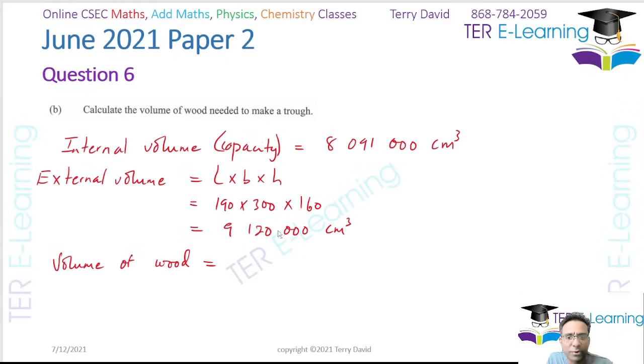So therefore, volume of wood, we're going to take our external volume, which is the 9,120,000, minus 8,091,123.